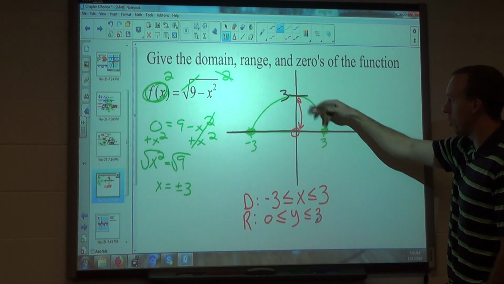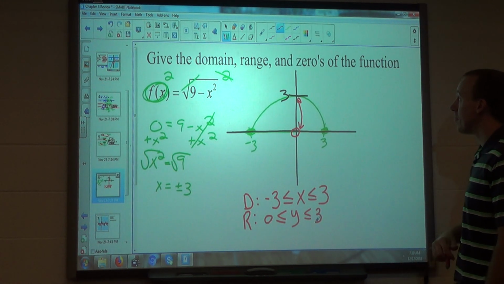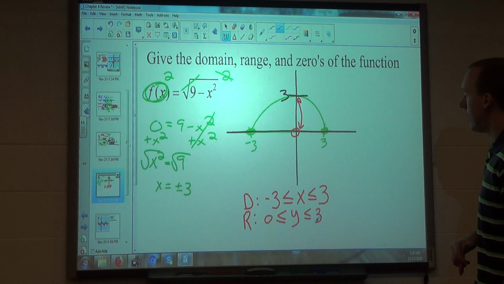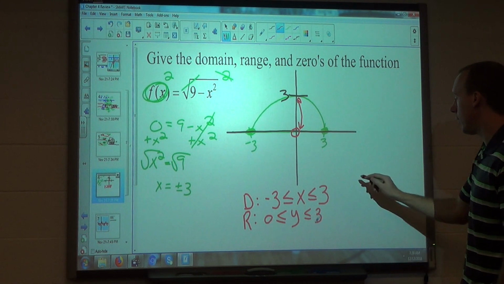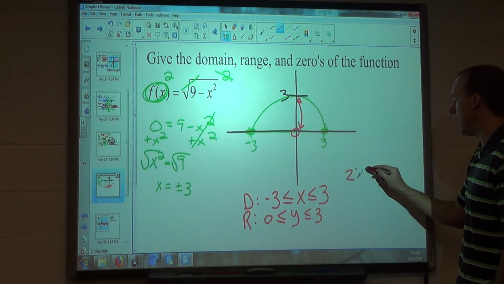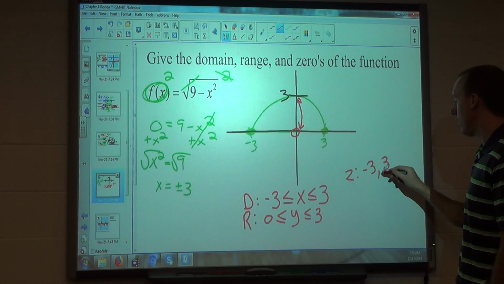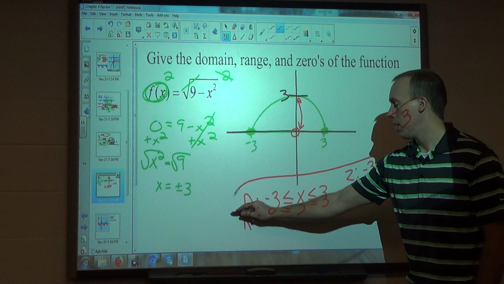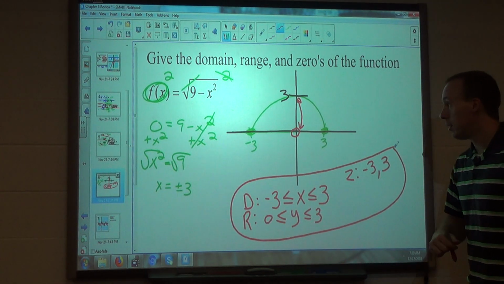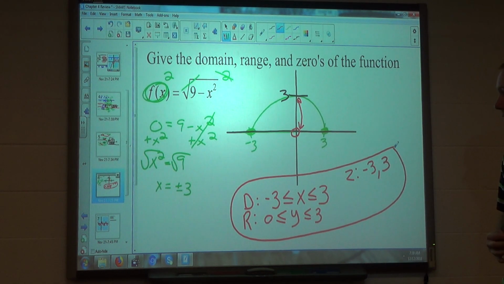So it's between 0 and 3 for the height there. Okay? And the zeros of the function, where does it touch at? Well, the zeros of the function would be at -3 and 3. And that would be my solution.